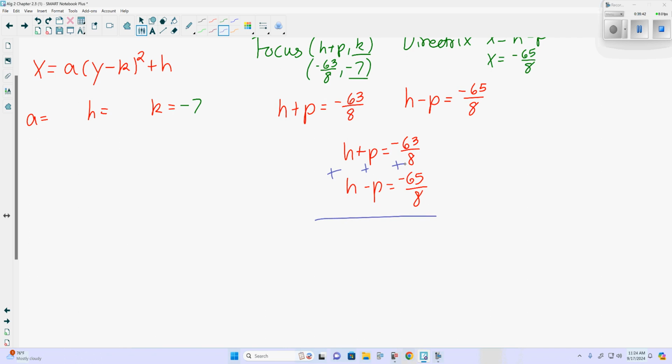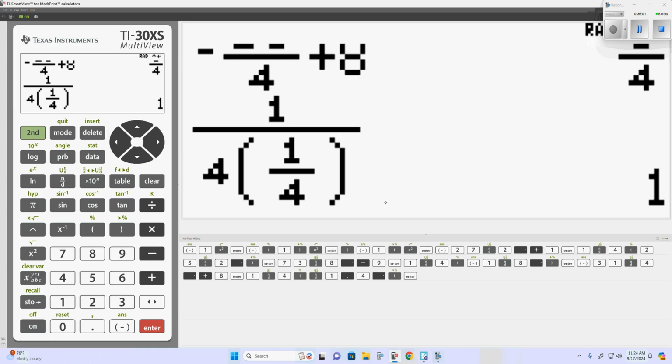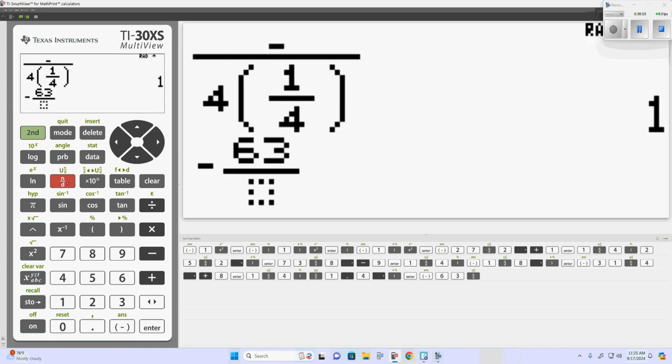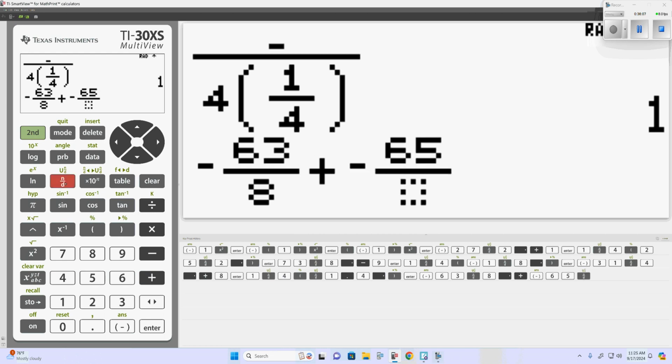So if we add these together, h plus h is 2h. P plus negative p is 0, because we wanted one of these to cancel, either h or p. Now we have to add negative 63/8 and negative 65/8. Negative 63/8 plus negative 65/8.